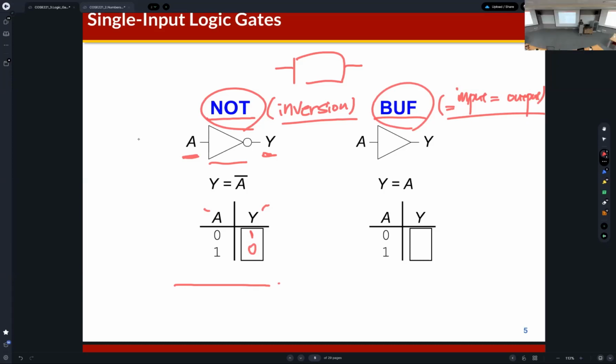We can write Y equals A to represent the buffer gate. Then why do we need a buffer, if the output is the same as the input value?